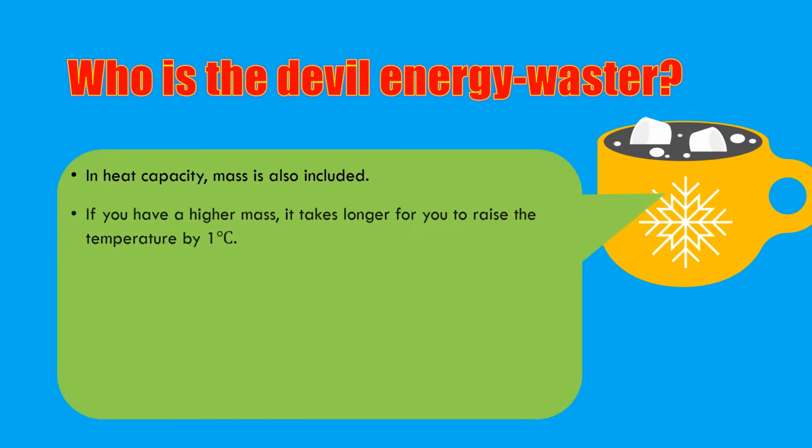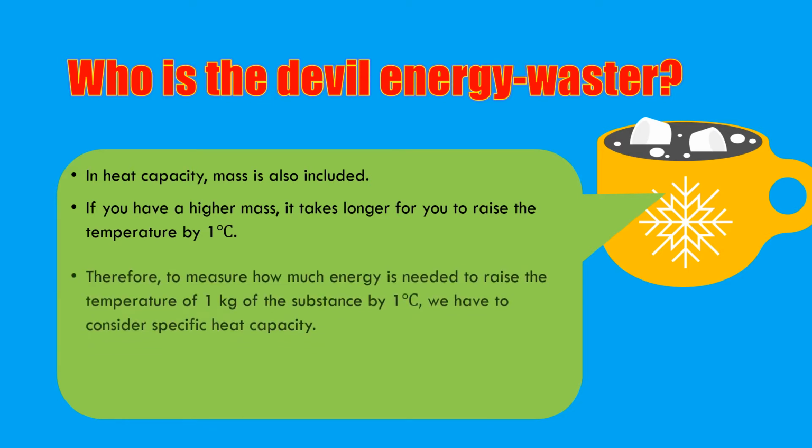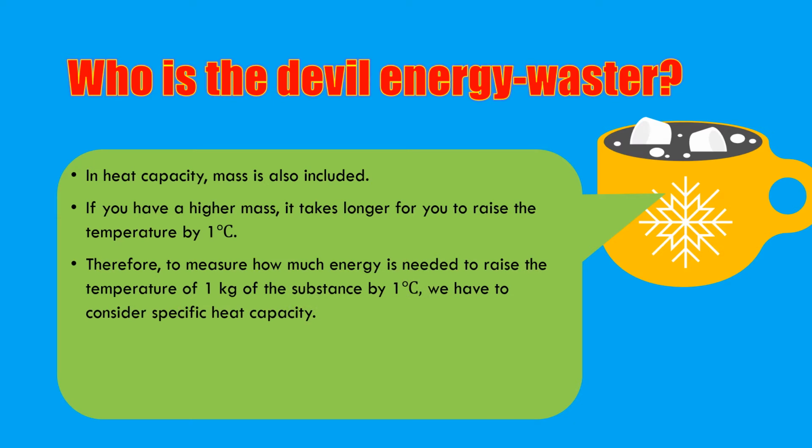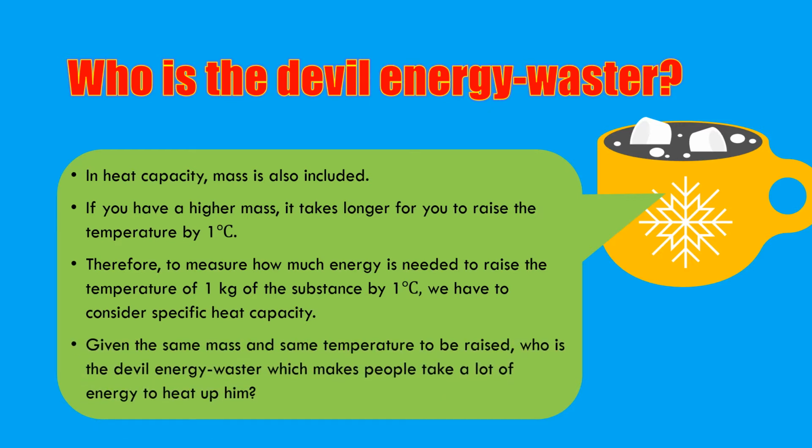If you have a higher mass, it takes longer for you to raise the temperature by 1 degree Celsius. Therefore, to measure how much energy is needed to raise the temperature of 1 kg of the substance by 1 degree Celsius, we have to consider specific heat capacity. Given the same mass and the same temperature to be raised, who is the devil energy waster which makes people take a lot of energy to heat up?